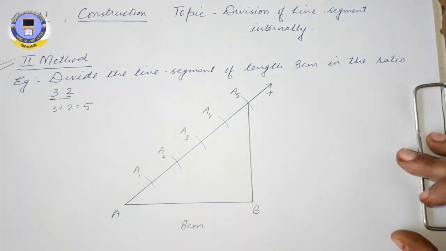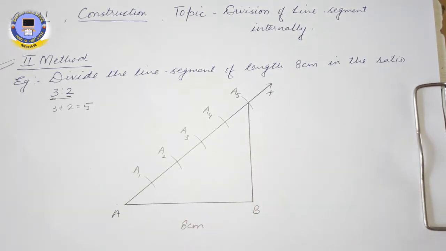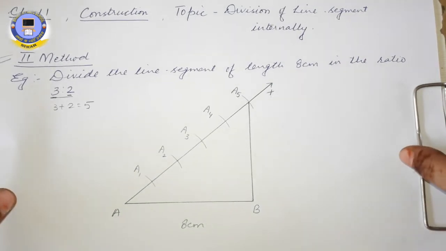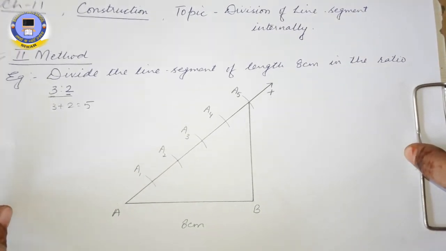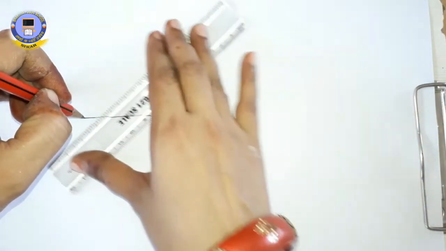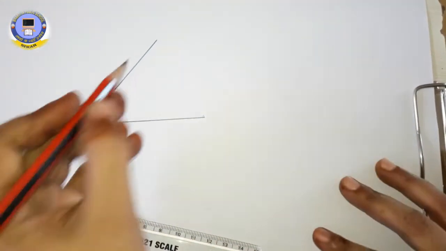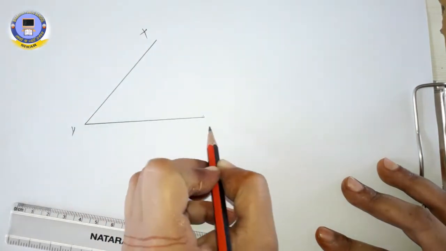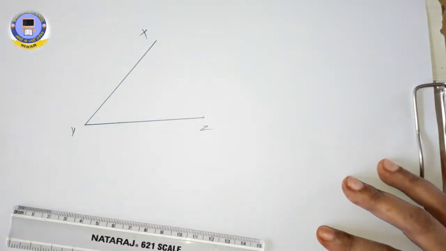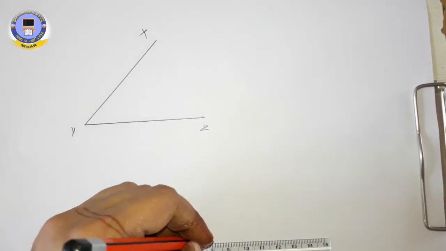In our junior classes we studied how to make equal angles. Let me remind you. Suppose I have made an angle. Now I want to make an equal angle without using a protractor.